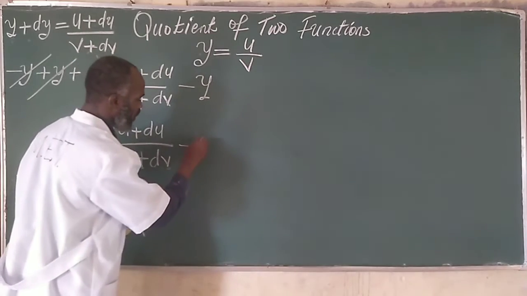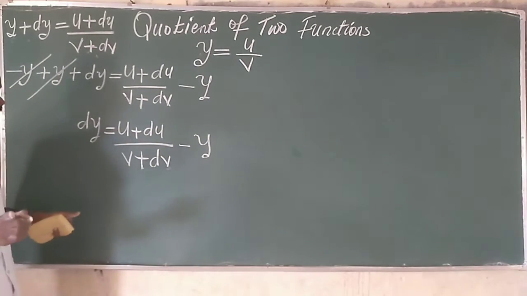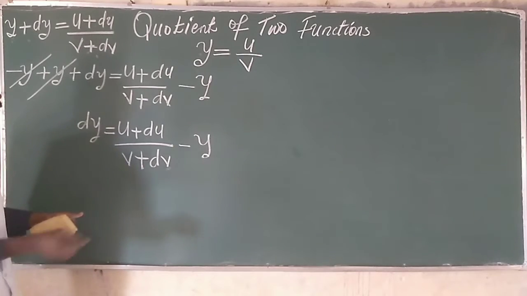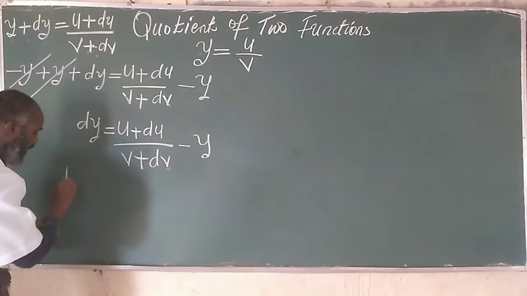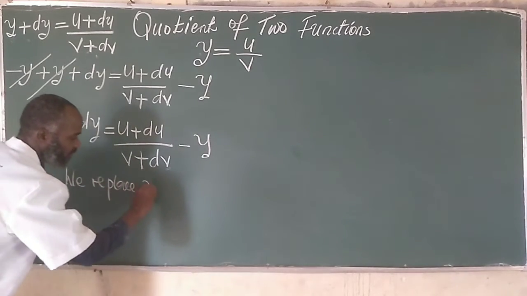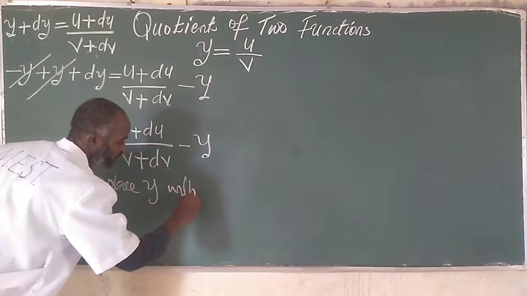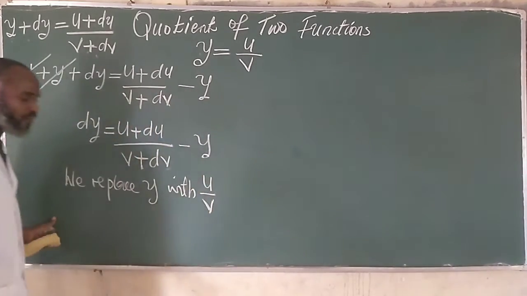Let me write very well. Okay, so we have this. What next do we do? We substitute. We now replace y with u over v. That's the next thing we are going to do.